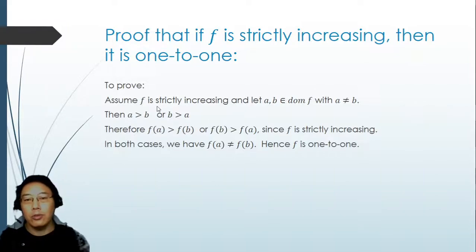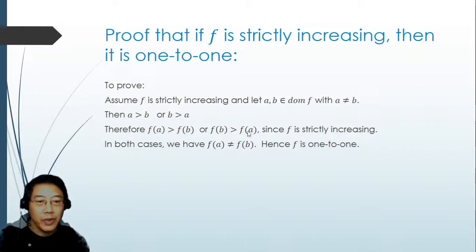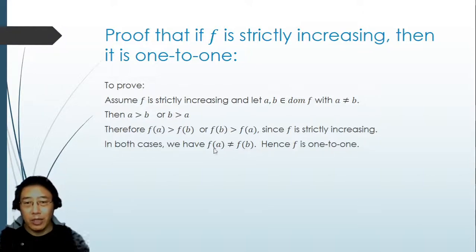So first you assume that f is strictly increasing. You have your a and b value from the domain. You write your inequation either way, and then you can apply f, and you have being greater or smaller. Because you have those two statements, what it implies is they have to be different. So because they're different, f of a is different from f of b, knowing that you started with a different from b, then f is a one-to-one function.